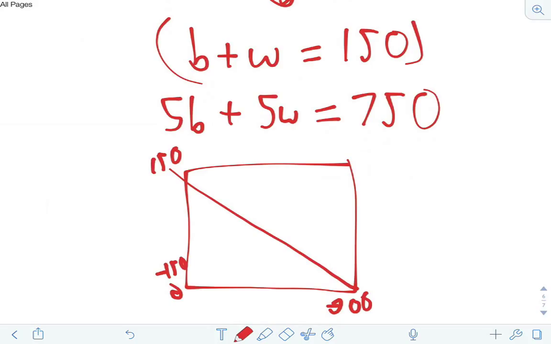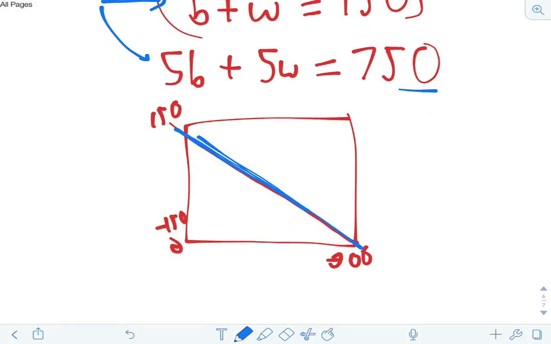And my second equation, if I were to plot it, plots directly on top of it. If you notice here, this second equation is the first equation multiplied by 5. So if I take this first equation and multiply by 5, I get 5b plus 5w, and 5 times 150 is 750.